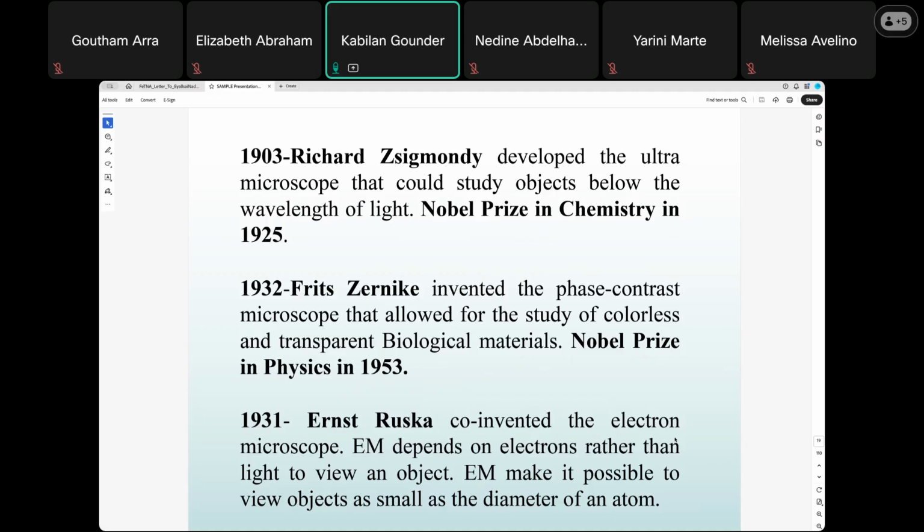But if you use the electron microscope, then you can overcome the problems we get from the light microscope. So this is another important milestone, that you can observe objects as small as the diameter of an atom. We will discuss this in detail later, the advantages and disadvantages of the light microscope and electron microscope, everything.